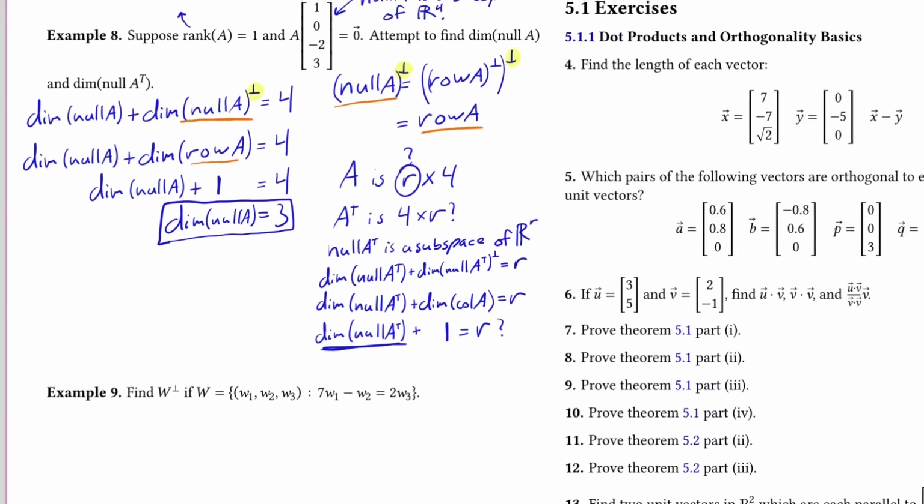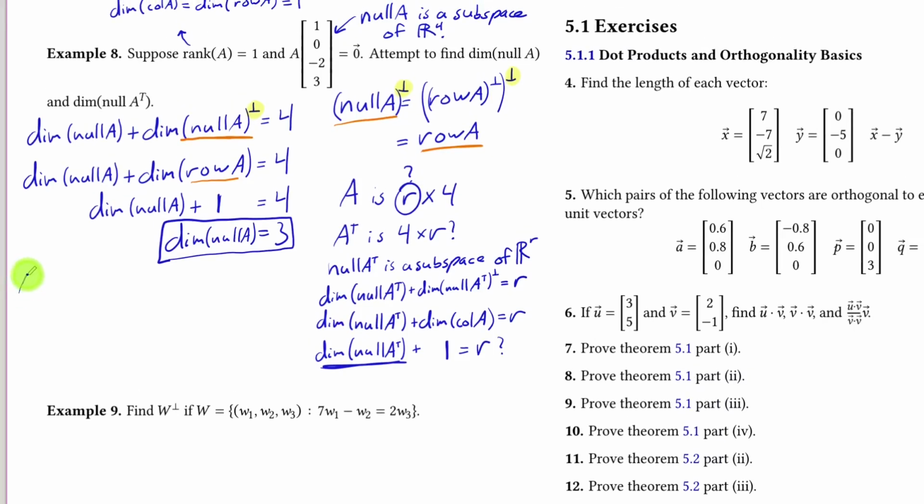Well, it turns out there is no way to tell. The example in the textbook I use is if A is this matrix here, this has R equal to 1, and the dimension of the null space of A transpose ends up being 1 minus 1, which is 0. Or A could also be something else that has a bunch of rows. Maybe some of the rows are just zeros.